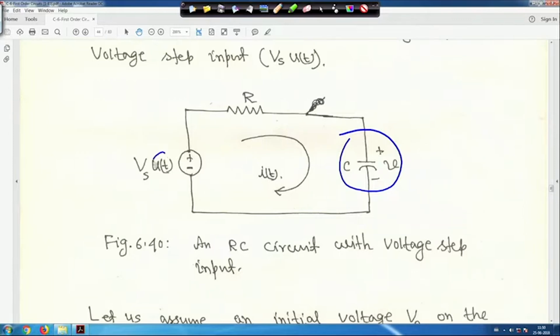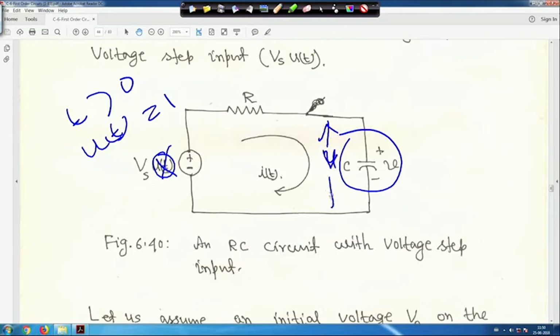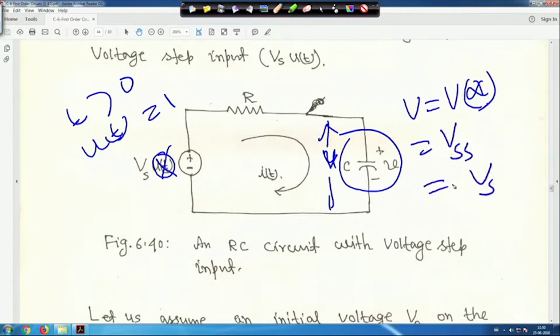So, this is not required at that time, because u(t) is equal to 1 for t greater than 0, and that means this is only Vs. Suppose Vs and the capacitor is open, then what is the voltage across the capacitor? Basically, the steady state voltage V infinity, sometimes we call Vss, is equal to Vs, the source voltage, right.